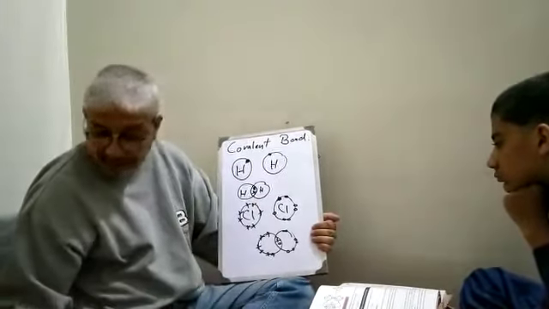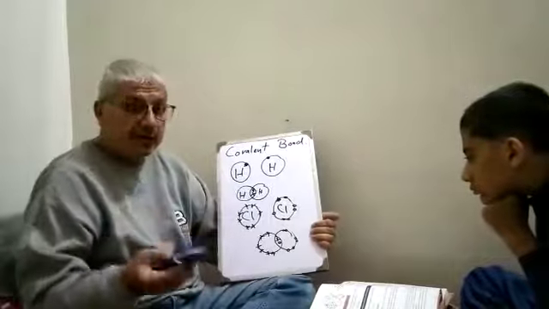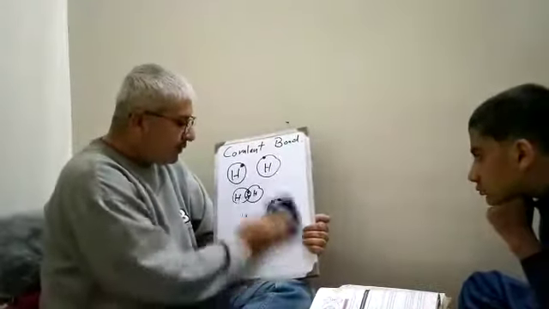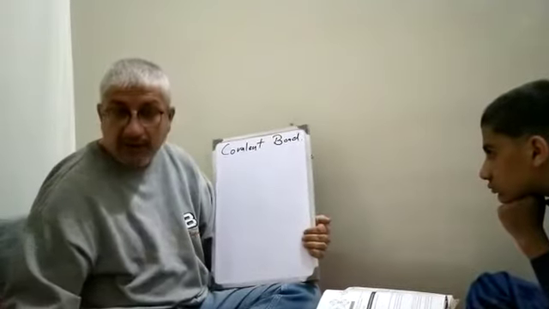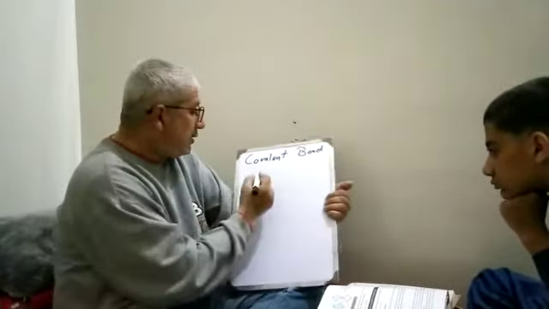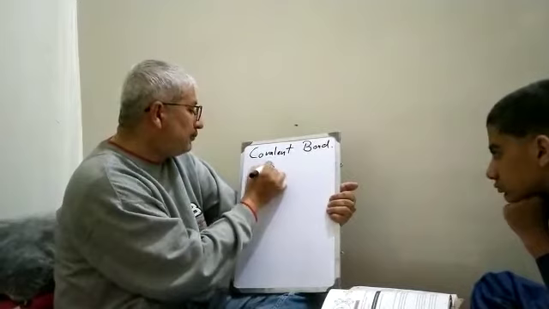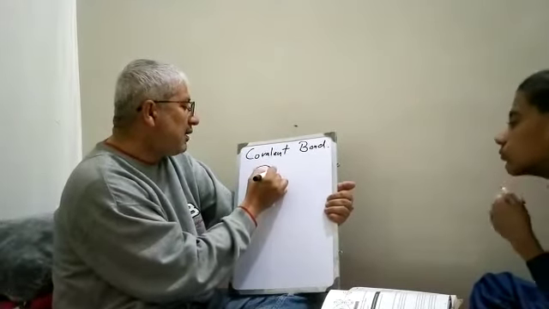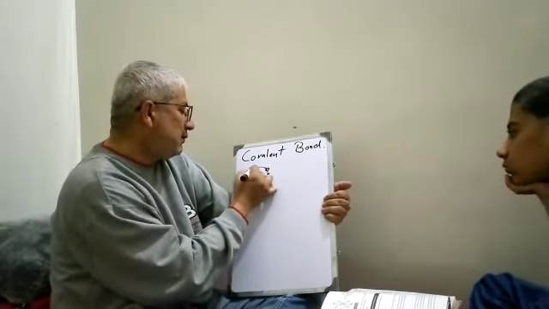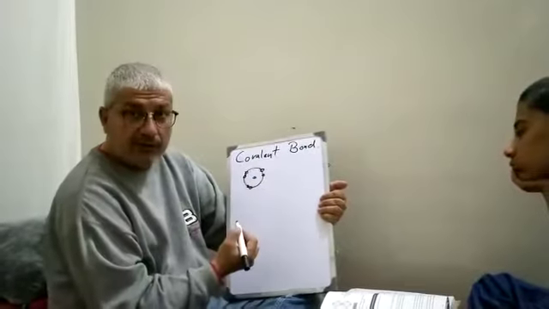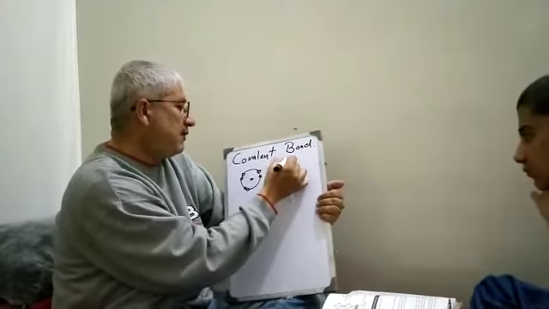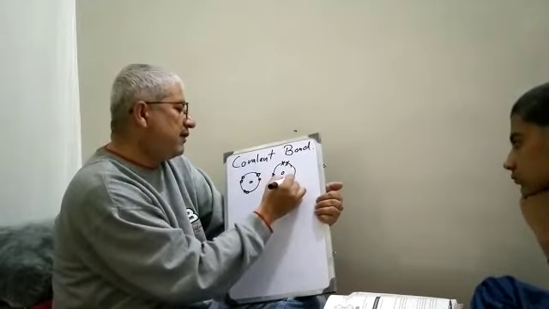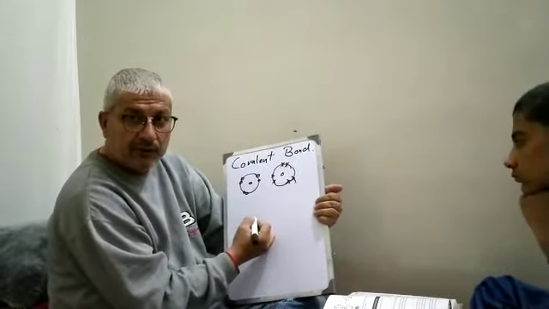What about the example of oxygen or nitrogen? Oxygen is in group 6, so it means that it has 6 electrons in the outer shell. On the other hand, the other oxygen will have the very same electronic configuration, 6 electrons.